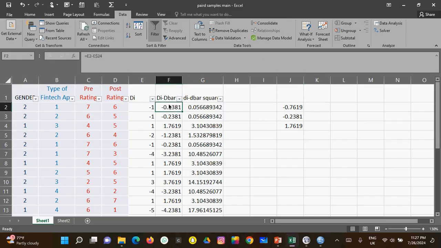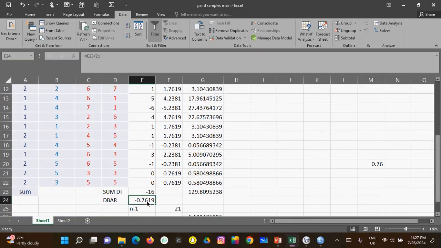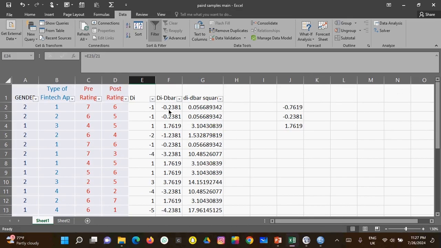So I just did it for the first one, then I locked it by using $24, because d bar is here in row 24. I locked it using the $ sign, and then I just dragged everything.